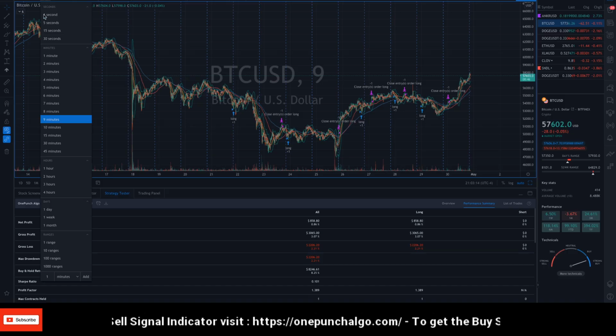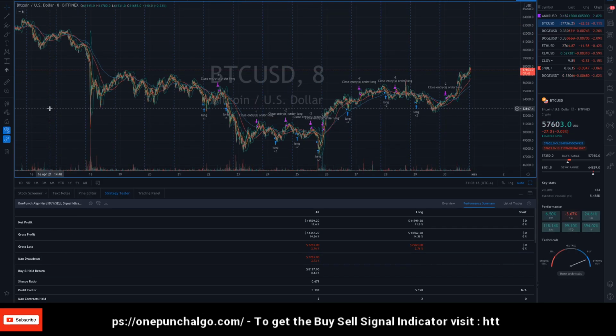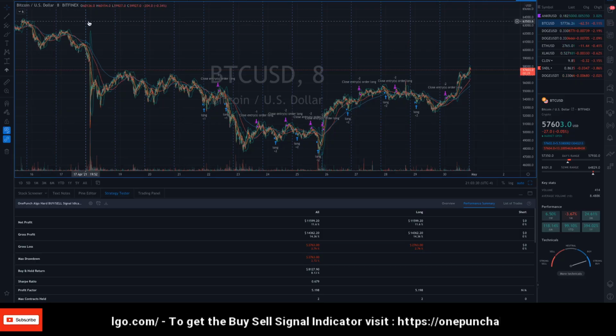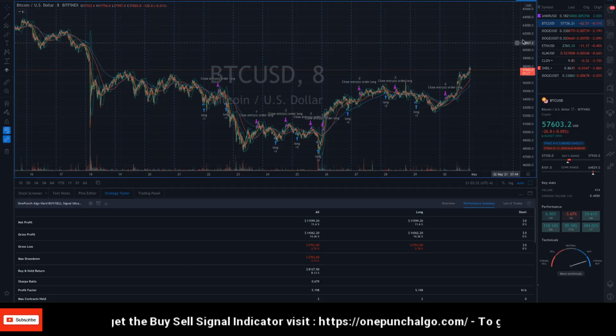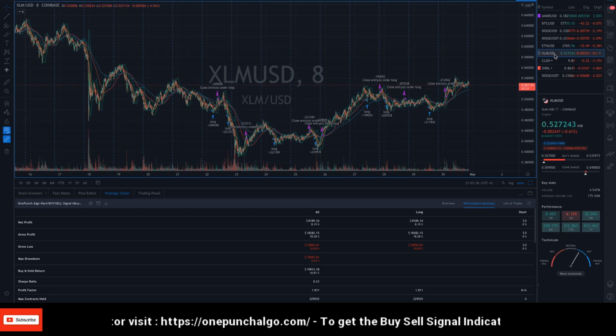Right, yep. So I hope you guys got the gist of it on how to use OnePunch ALGO on different cryptocurrencies. If you want, I can try this with another famous cryptocurrency. Which one do you guys want to try? XLM? Stellar coin?